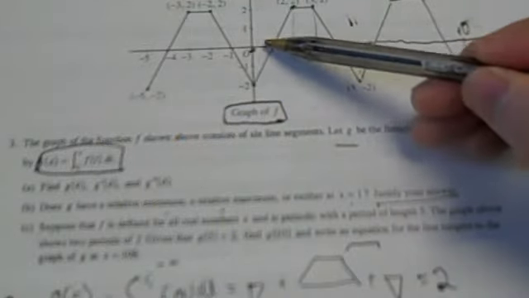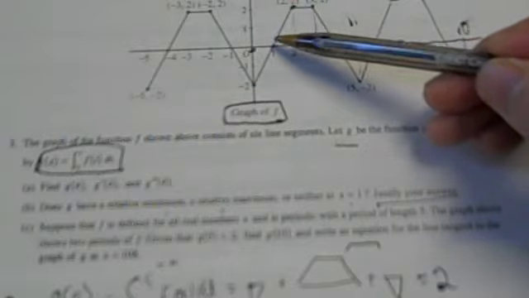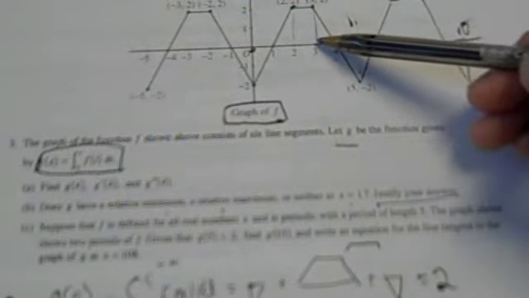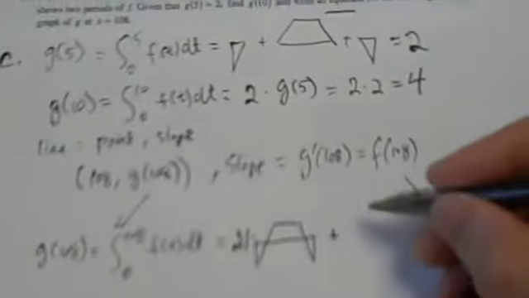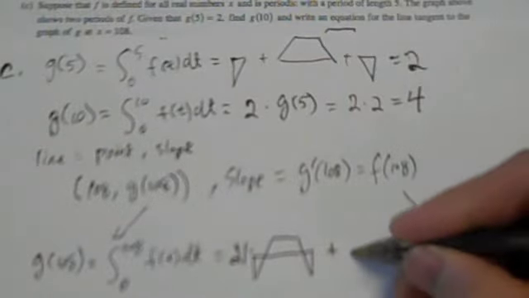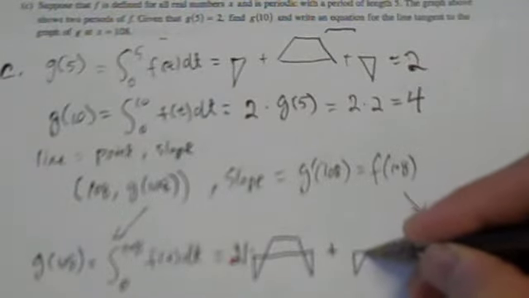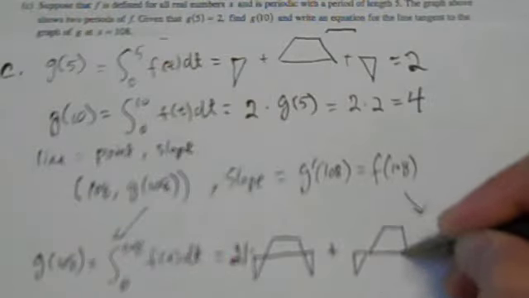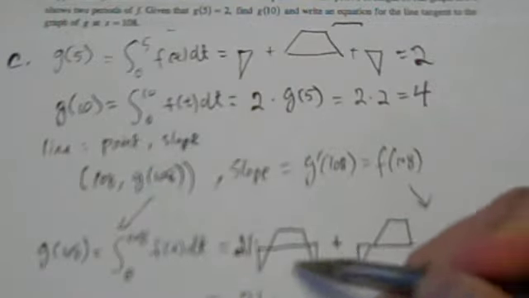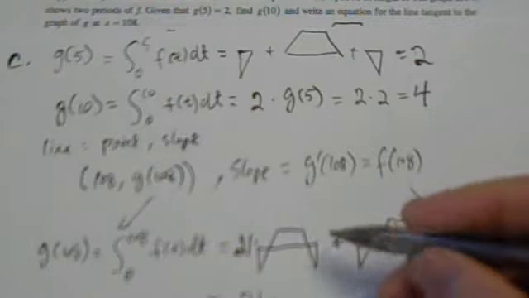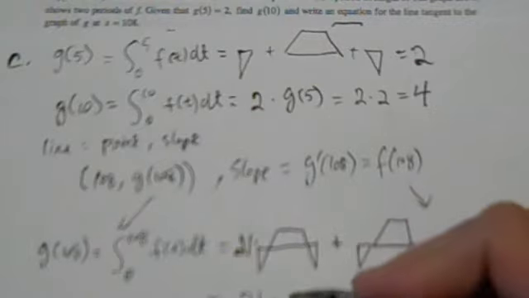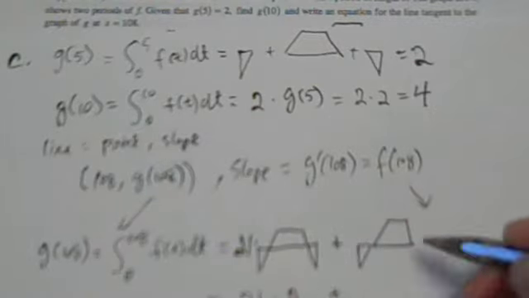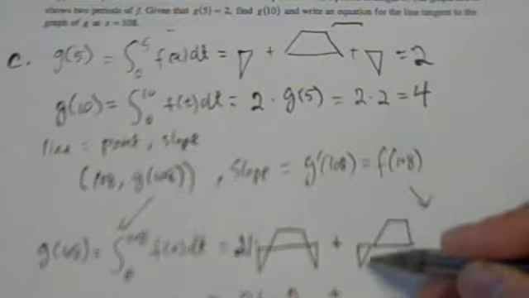But then you end up with 3 more: 106, 107, 108. So then you will have to add this portion right here. Now we know that 21 times this portion we already found earlier, which is 2. And then we need to figure out what this portion is.